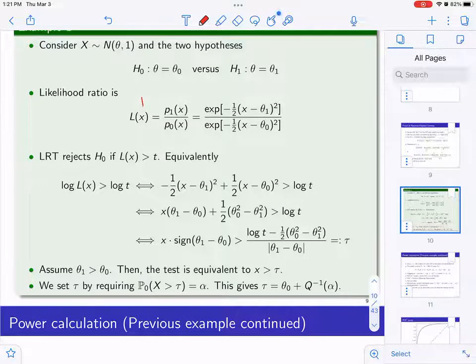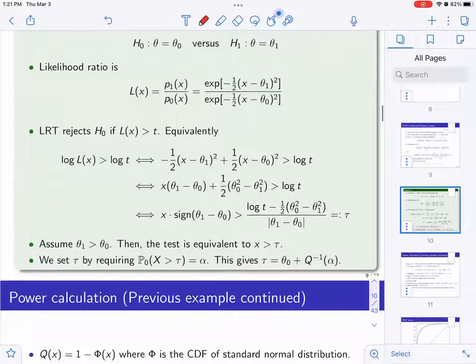So the likelihood ratio test is going to reject if L of x is bigger than t for some t. You don't have to worry about this being equal to t. So you just have to determine the threshold. What you do is take, for example, the log of both sides. When I take the log of this, I get this expression and I get log t here. And then I do some algebraic manipulation, and I get this expression, hopefully.